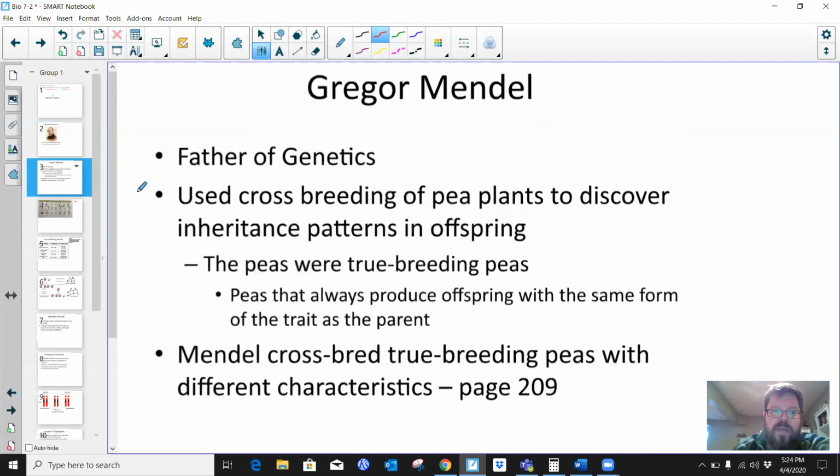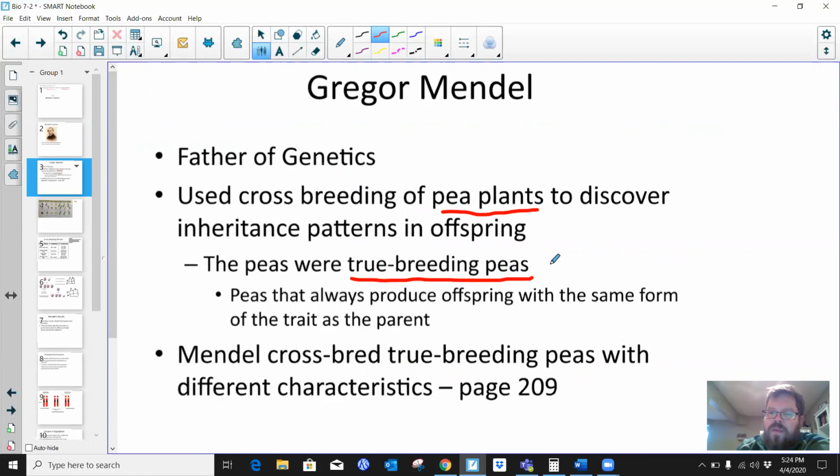All right, so here he is, Gregor Mendel, father of modern genetics. He used crossbreeding of pea plants. He worked with pea plants primarily to discover inheritance patterns and offspring. So what he would do is he would isolate and develop true breeding series of plants. What does that mean?